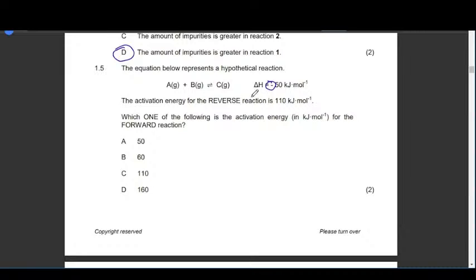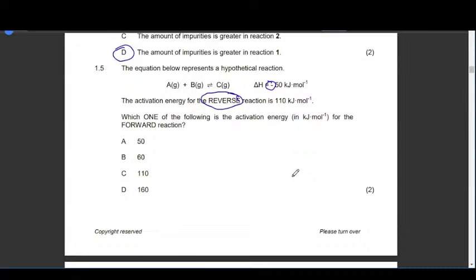The activation energy for the reverse reaction is a key point. They even put it in capital letters. Reaction is 110 kilojoules per mole. Which one of the following is the activation energy for the forward reaction? For the forward reaction, they are looking for the forward reaction, but they are saying the activation energy for the reverse reaction is this.